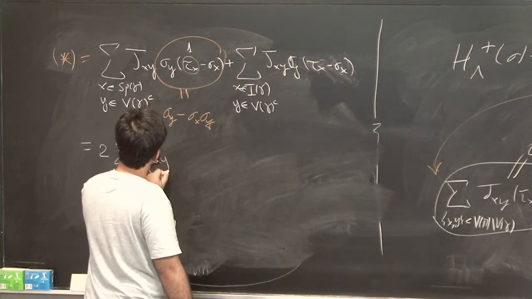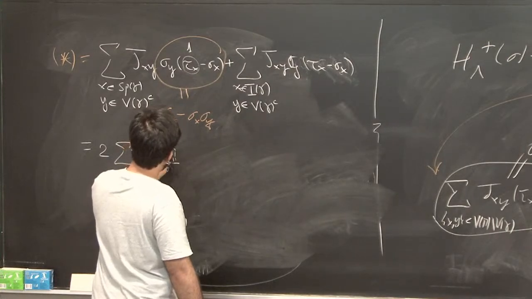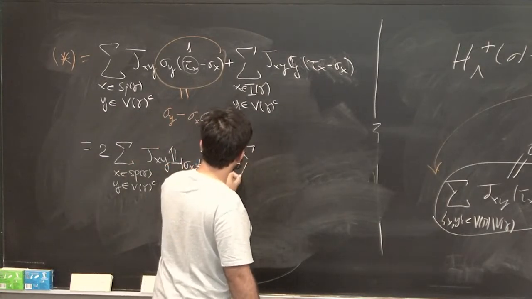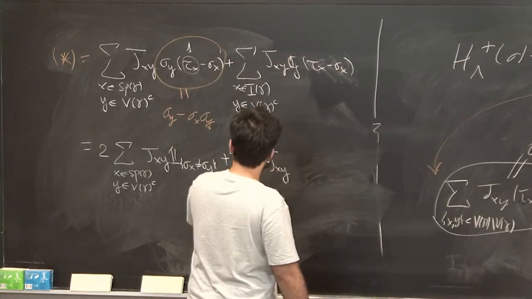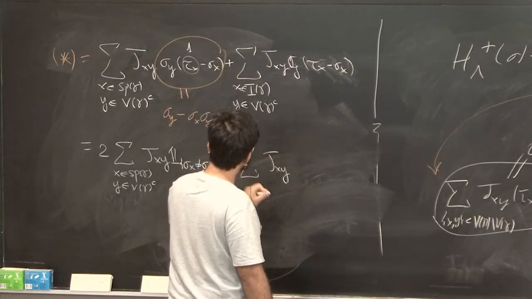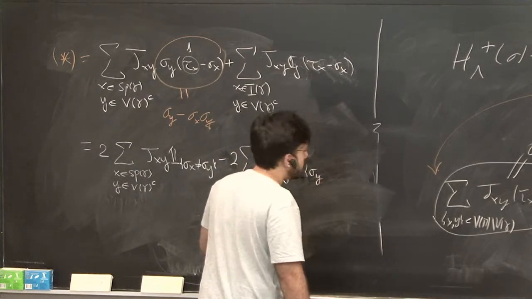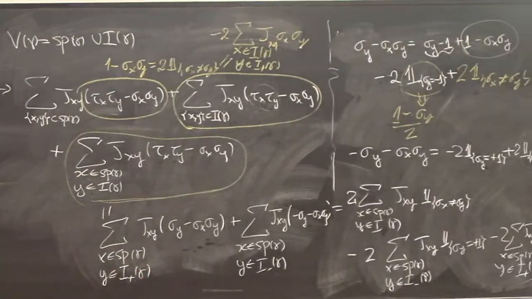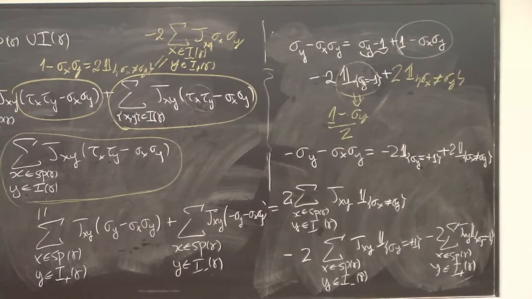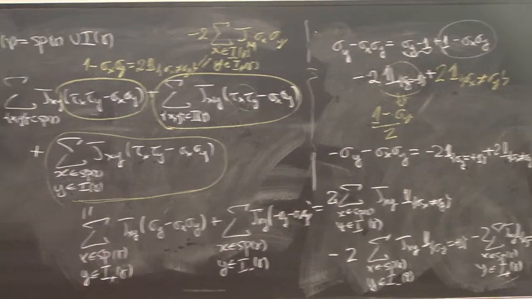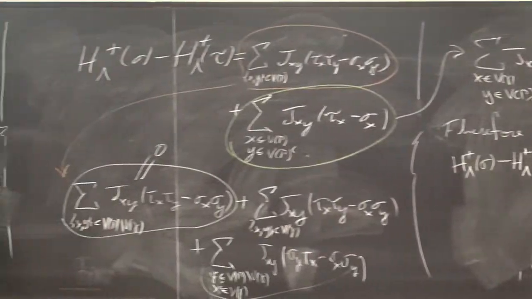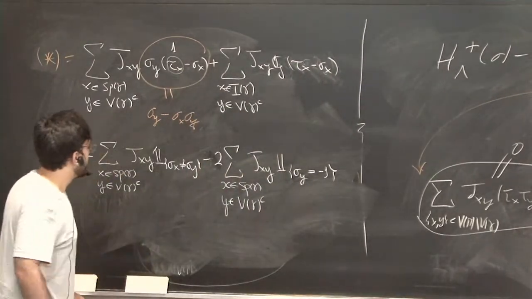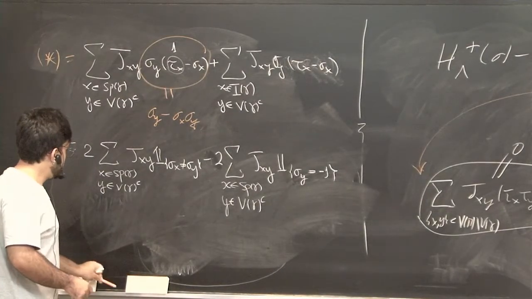So here I have jxy, this characteristic, plus, minus actually 2 times sigma y is equal to minus 1, x inside the support, y outside the gamma.